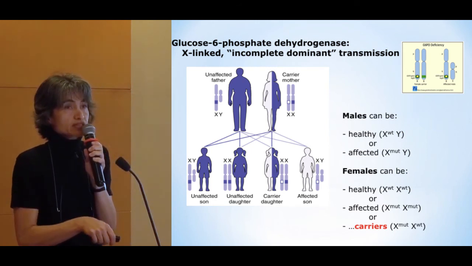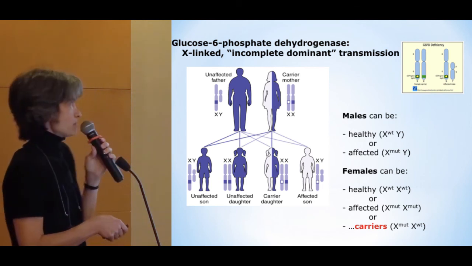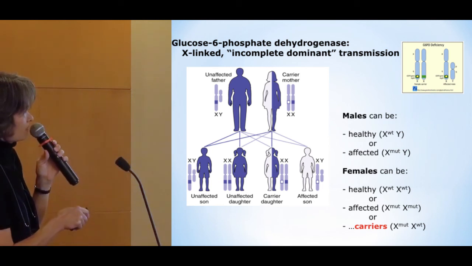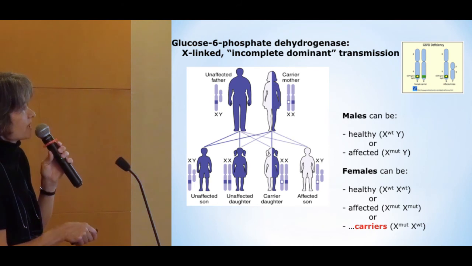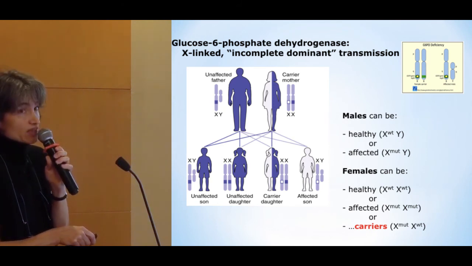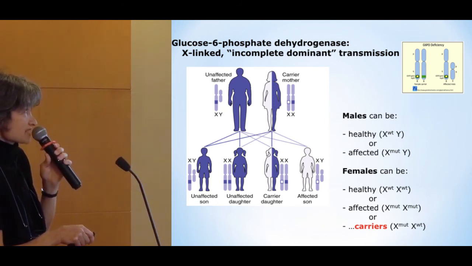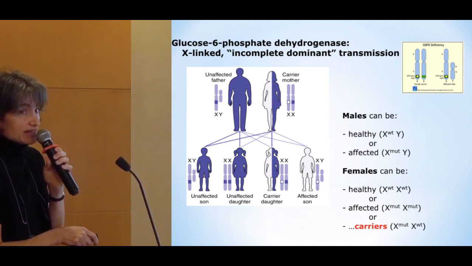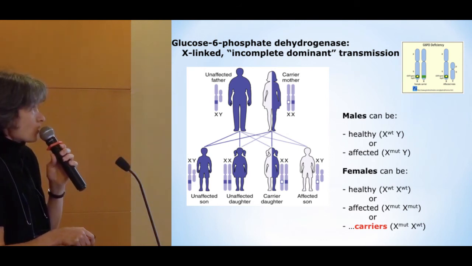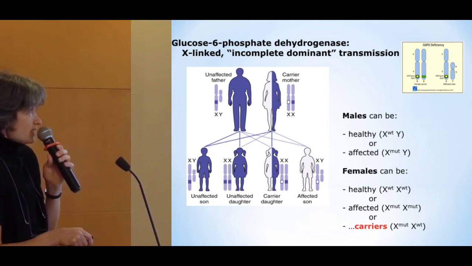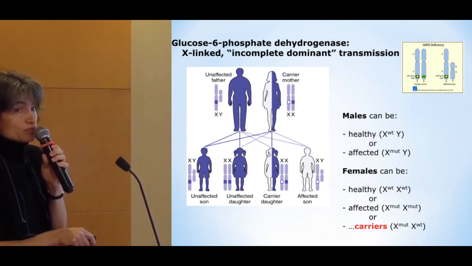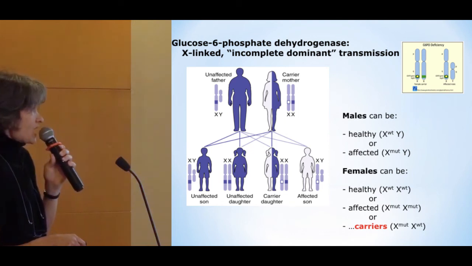To make things simple, males, in the case of glucose 6-phosphate dehydrogenase, can be healthy if they bear the healthy allele on the X, or affected if they bear the mutated X chromosome, okay?